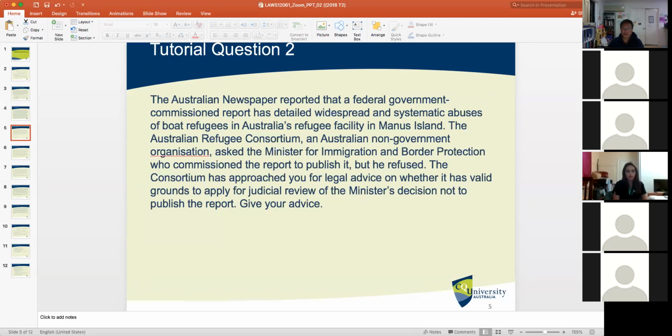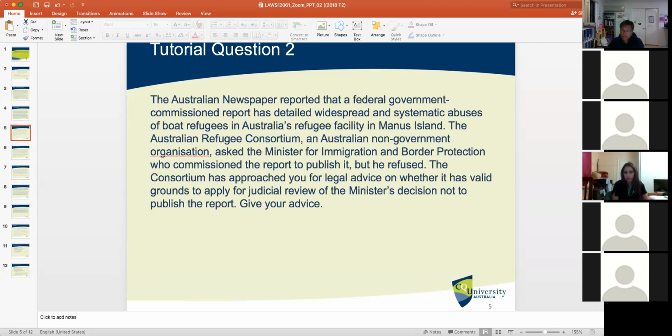Would anyone care to take a crack at the question? Okay, so the answer here is, if I were the solicitor asked to provide legal advice, I would advise the Australian Refugee Consortium not to seek judicial review of the decision for two reasons. One, the decision by the minister not to allow the publication of the report on the status of the refugees in Manus Island would be considered a political decision.